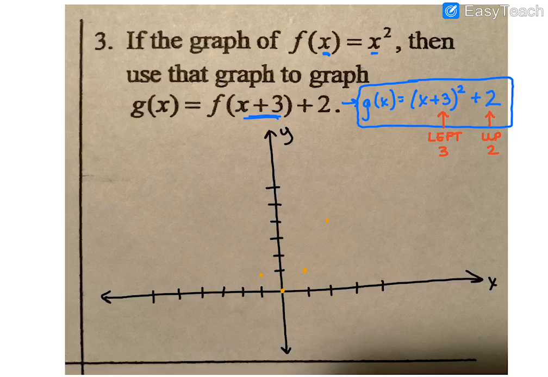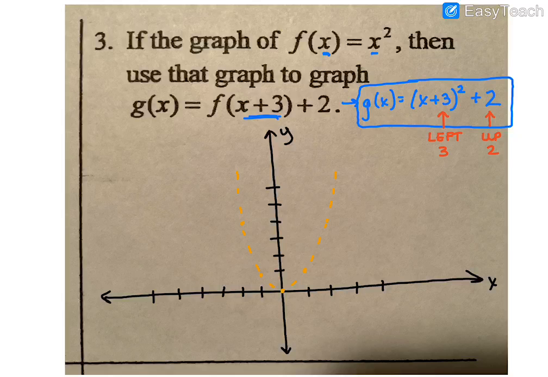Thus, also negative 1, 1, and negative 2, 4. So that right there would be your basic y equals x squared graph. I do hope you guys can see this orange. It's a very light color. Hopefully it is visible.